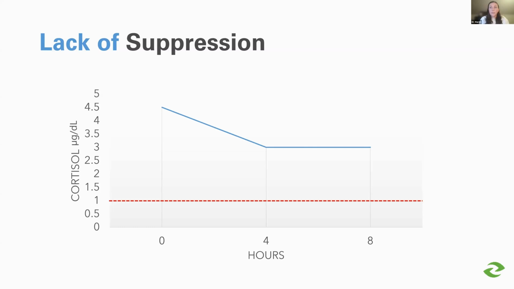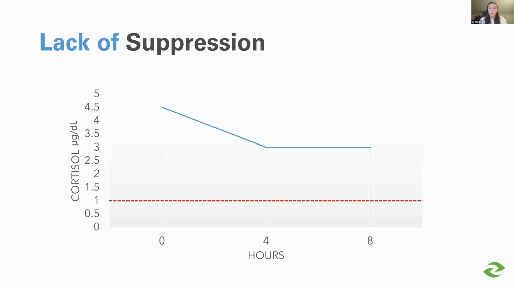Looking at this graphically, there are 3 typical patterns, and the first one is a complete lack of suppression. We measure our baseline at time 0, and then we collect our 4 and 8-hour samples. We receive our results back and start by looking at the 8-hour test first, and ask, is there evidence of Cushing's, yes or no? In this case, the answer is yes, because it's above our cutoff.